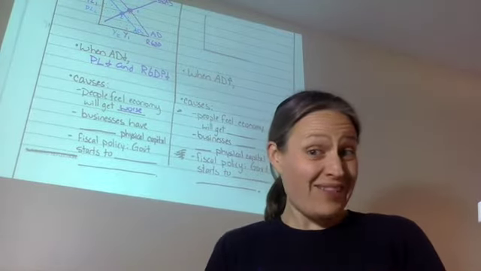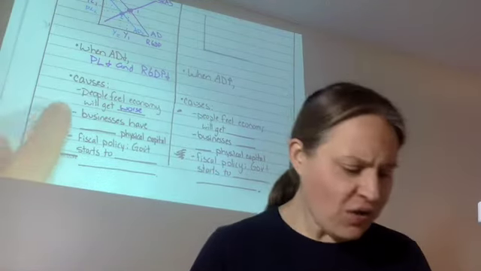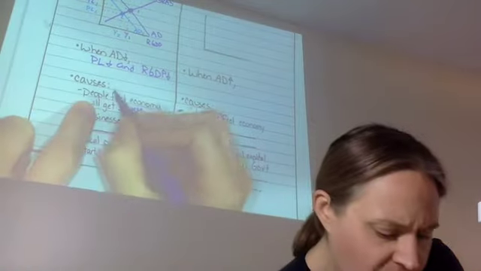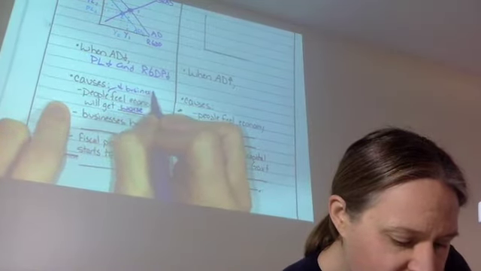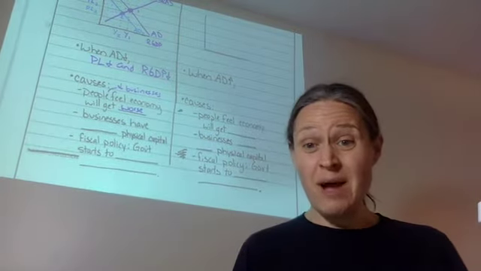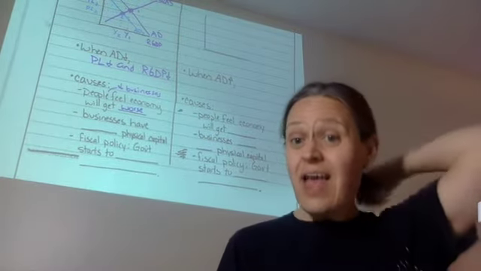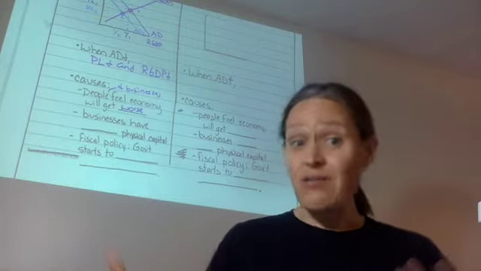They're going to start saving it, which is a decrease in aggregate demand. And I wrote people here, but we could also add in businesses, because if they feel like the economy is going to start getting bad and people might not be buying their stuff as much anymore, then they're going to cut back on their own spending and investment as well.